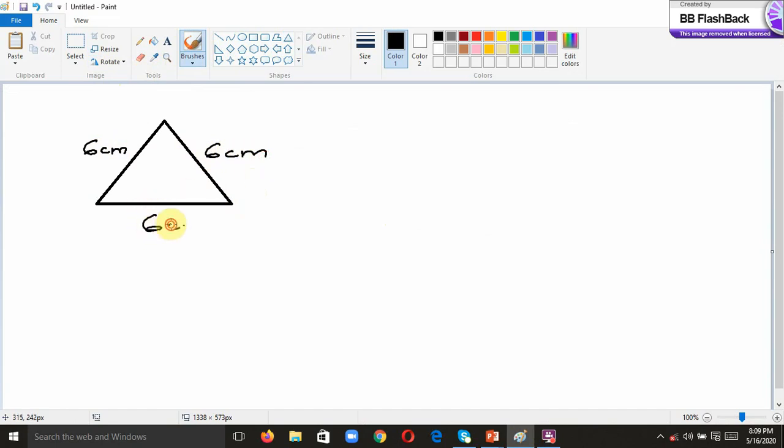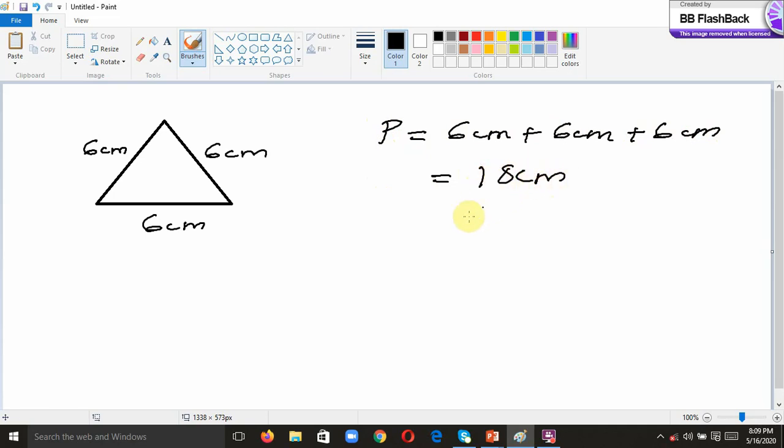This will also be 6 centimeter because it is an equilateral triangle and all the sides are equal. So what's the perimeter? Perimeter is the sum of all the sides, 6 centimeter plus 6 centimeter plus 6 centimeter. So 6 centimeter plus 6 centimeter is 12 centimeter plus another 6 centimeter, that's 18 centimeter. Alternatively, since all the sides are equal, you can just do 3 times one of the sides. That's for equilateral. 3 times one of the sides, that's 3 times 6, that's 18.